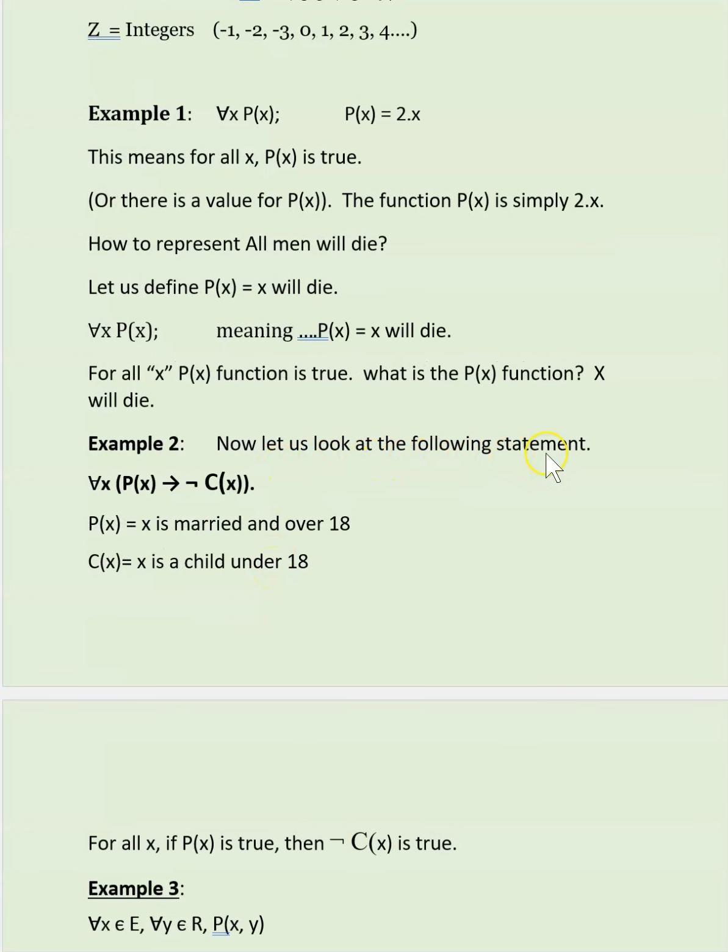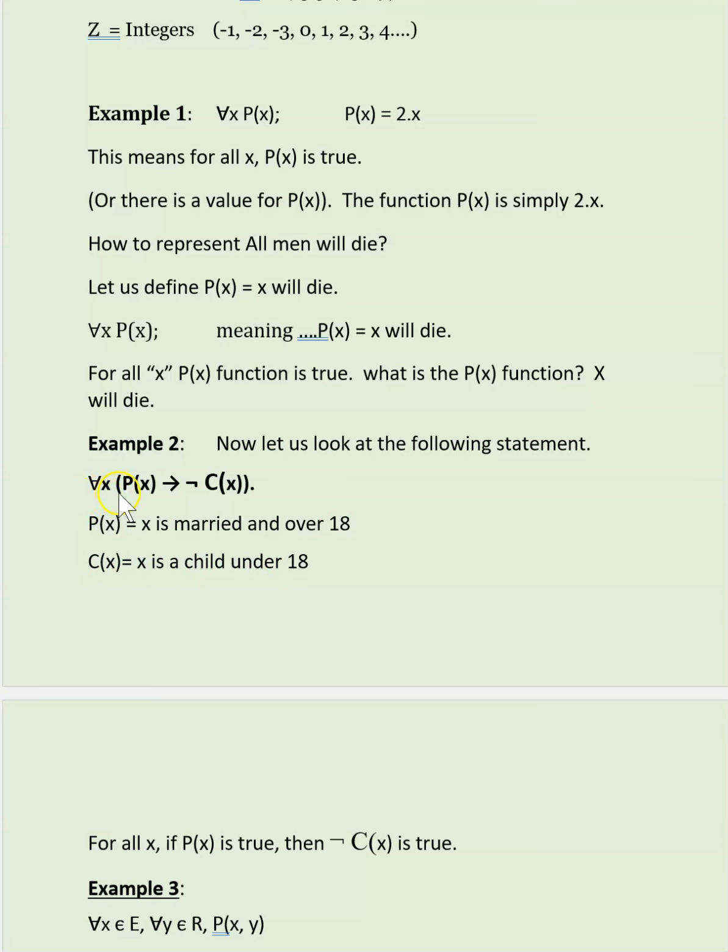Example 2. Now let us look at the following statement. For all x, P(x) implies not C(x). P(x) and C(x) are defined: P(x) means x is married and over 18. C(x) means x is a child and under 18.